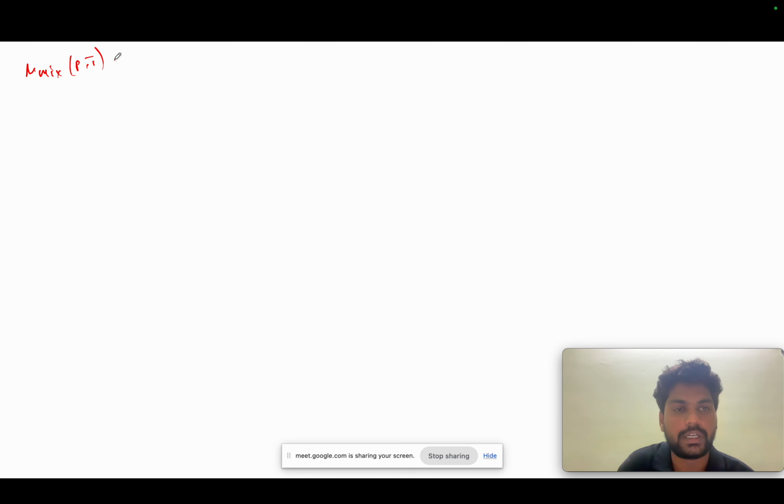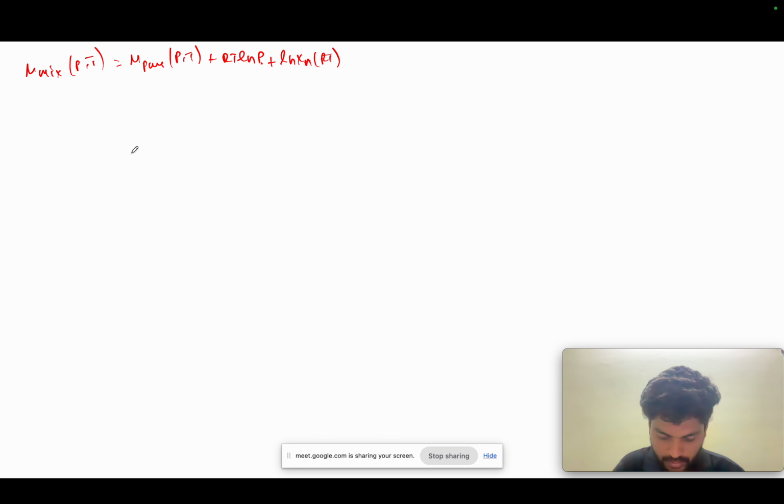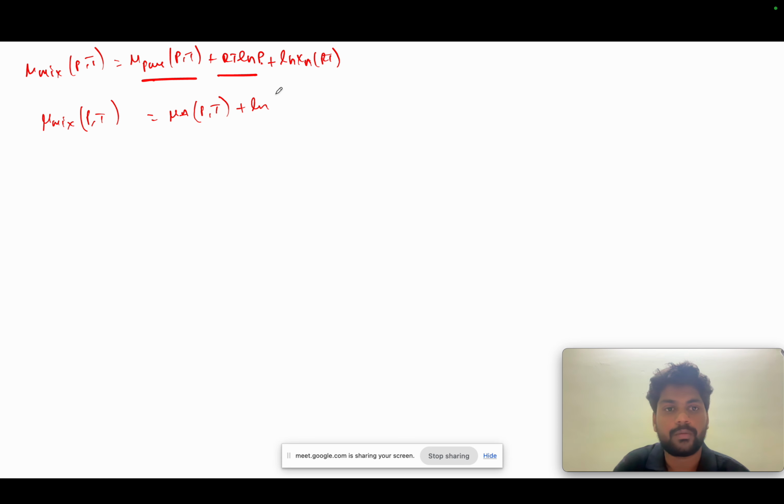I will explain it again. Mu of P comma T plus RT ln P, plus ln XA RT. So now this will go to mu comma P T is equal to mu A P comma T plus RT ln of XA of P T.